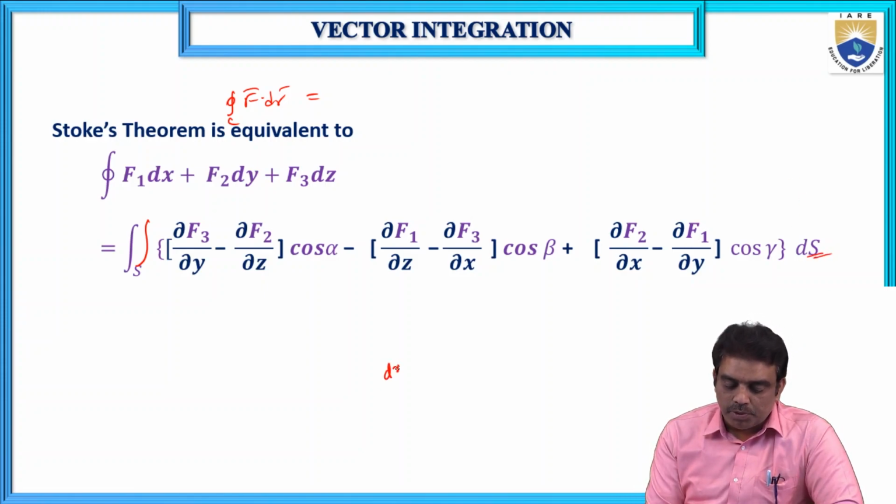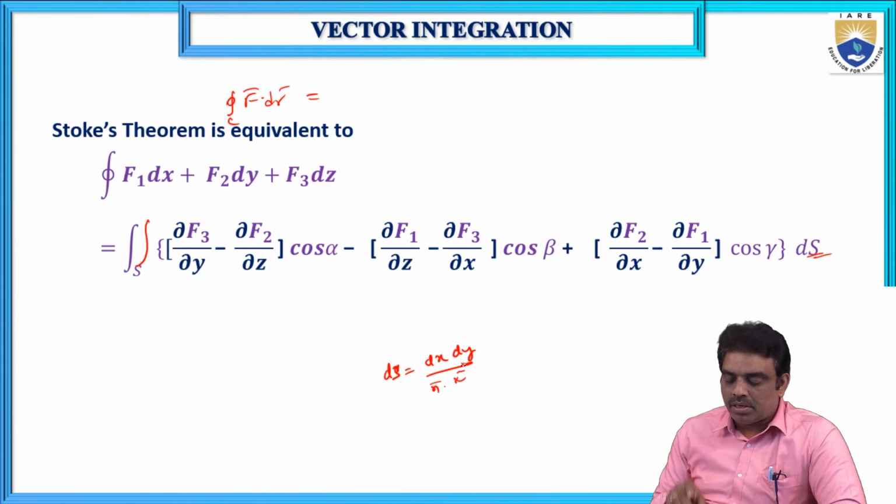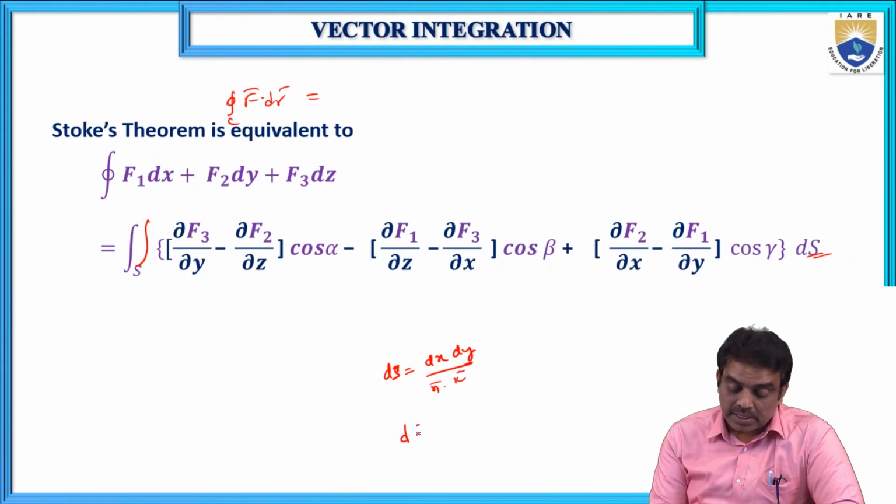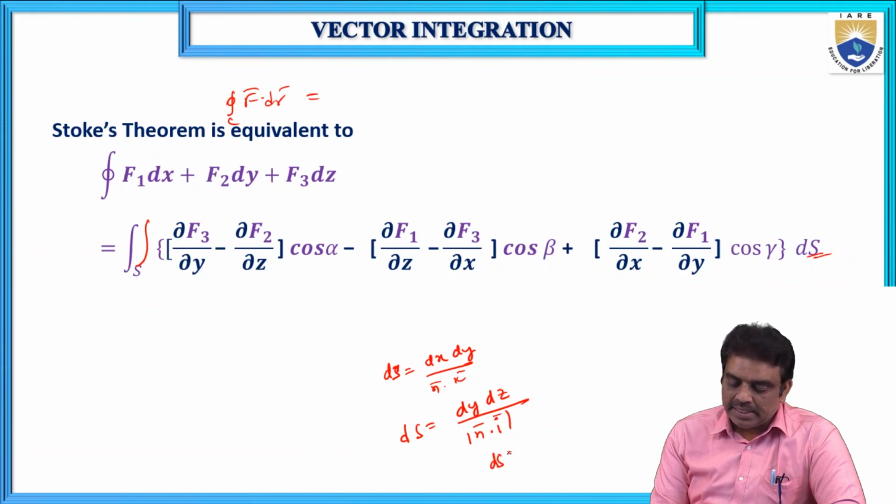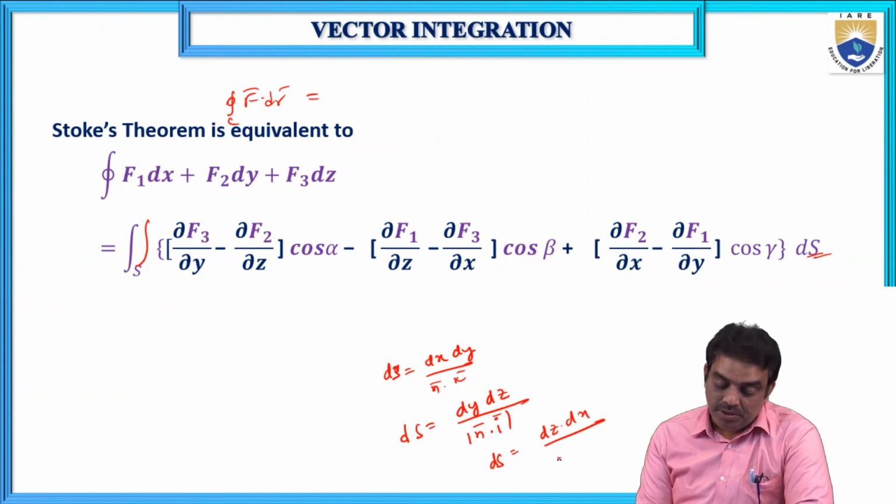Suppose you consider the projection in the xy plane: ds is equal to dx into dy by the magnitude of n cap dot k bar. If you consider the projection in the yz plane, then ds will be dy into dz by the magnitude of n bar dot i bar. If it is the zx plane, then dz into dx by the magnitude of n cap dot j bar.